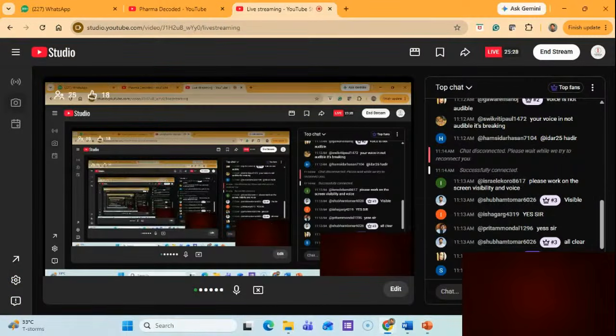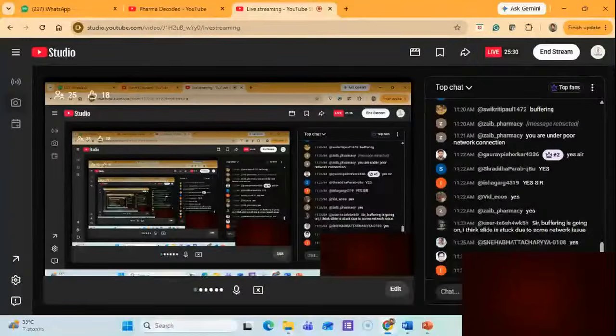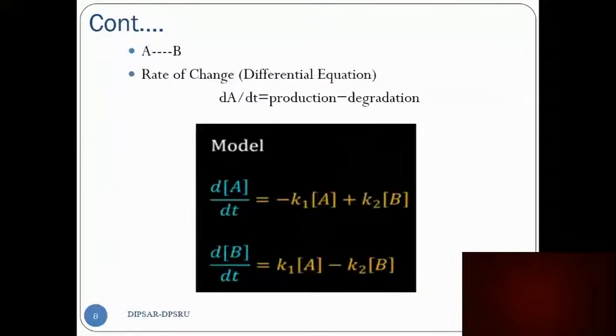Screen buffering, okay, I think the slide is still loading. Isa Garg is saying it's loading. Okay. Now I hope it's audible.